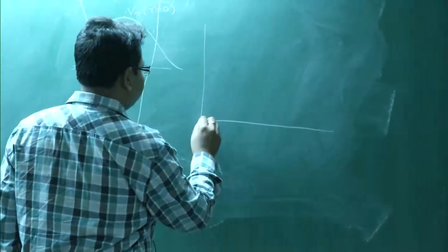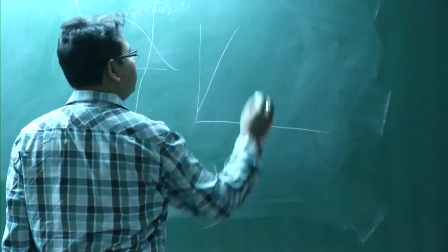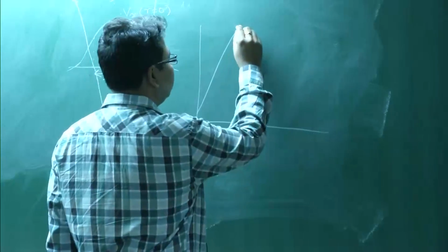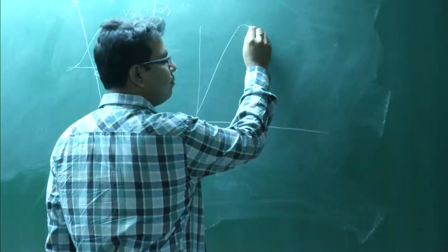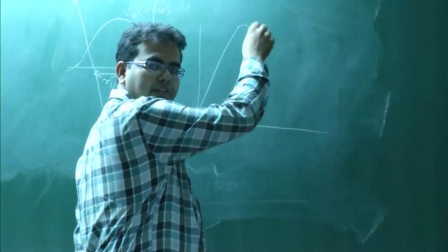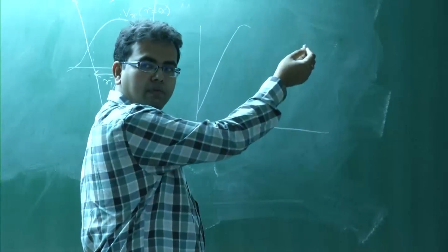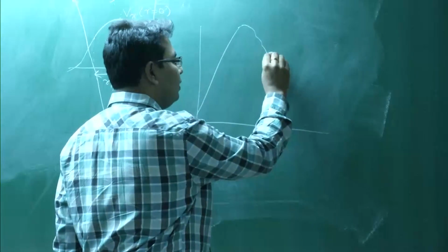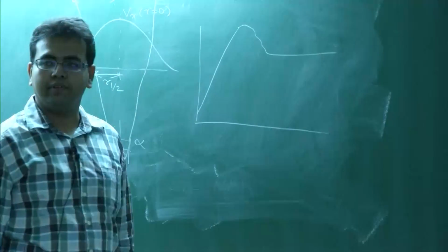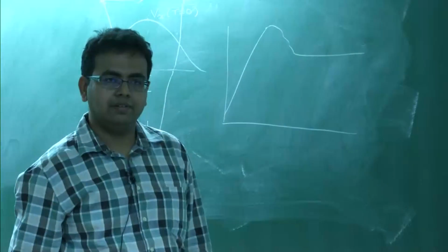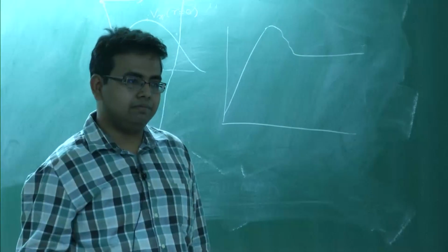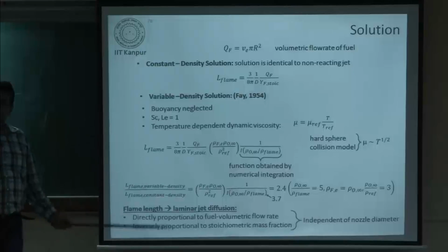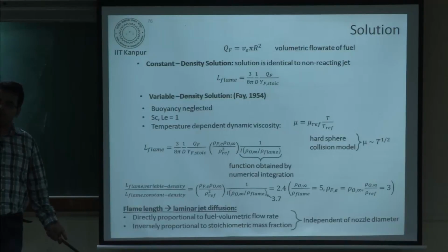In the laminar regime, the flame length varies like this, and then after that there is a transition, a laminar to turbulent transition. It decreases a little bit, and then it remains constant in the turbulent region. That is one observation we can make if I do a similar analysis with a turbulent flow in the background.